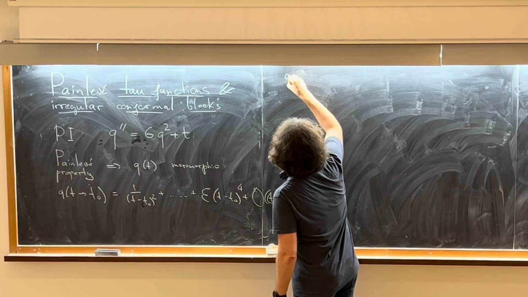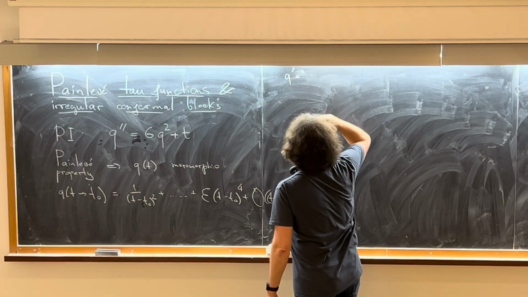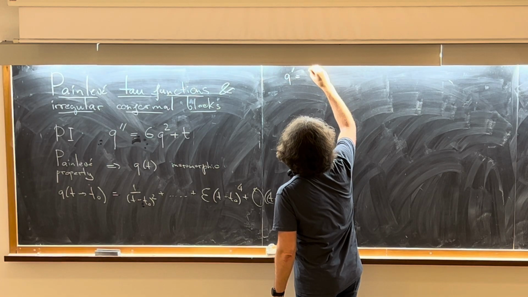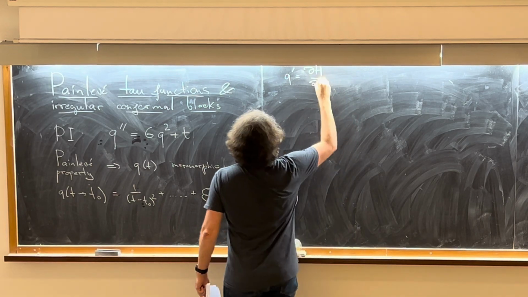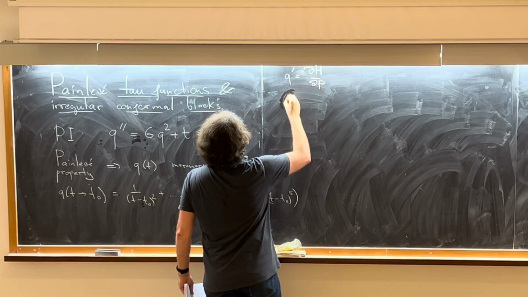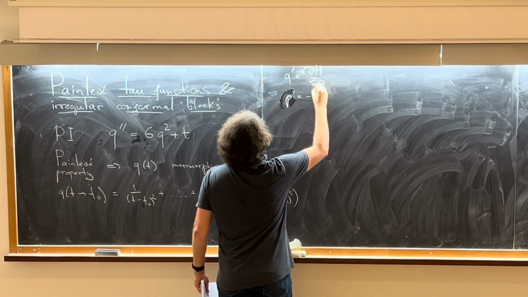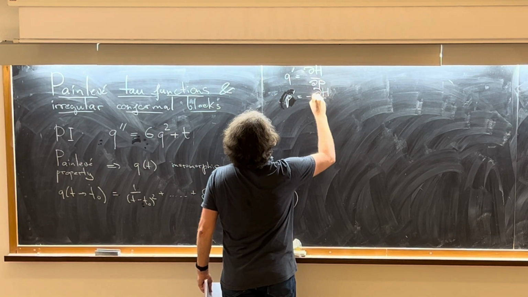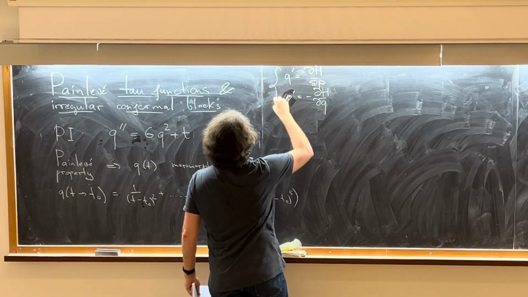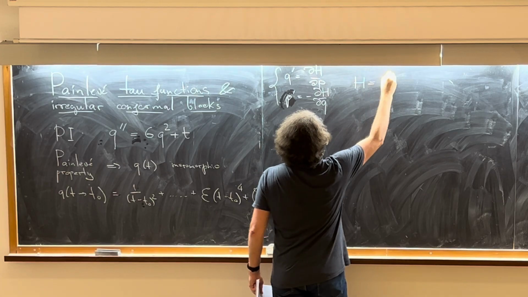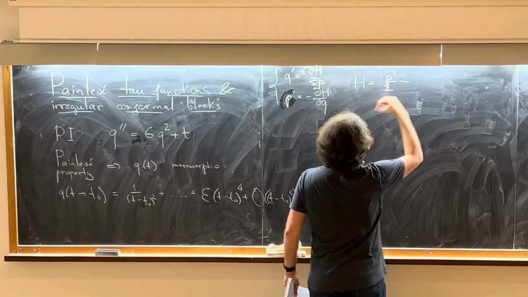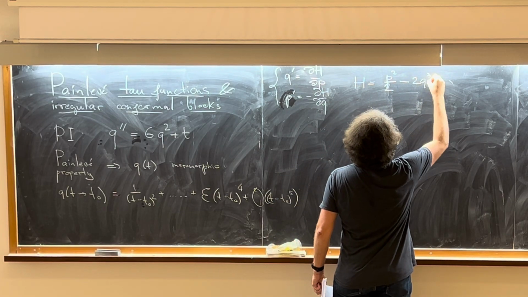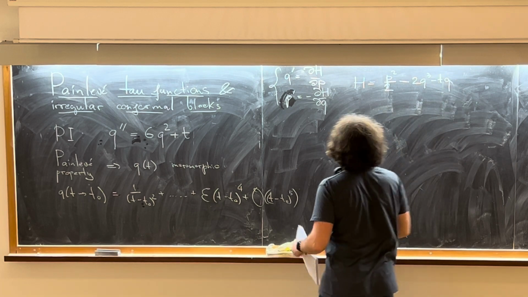Of course we can write it as an autonomous Hamiltonian system. So p prime is equal to minus dH over dq, with the Hamiltonian equal to p squared over 2 minus 2q cubed minus tq.